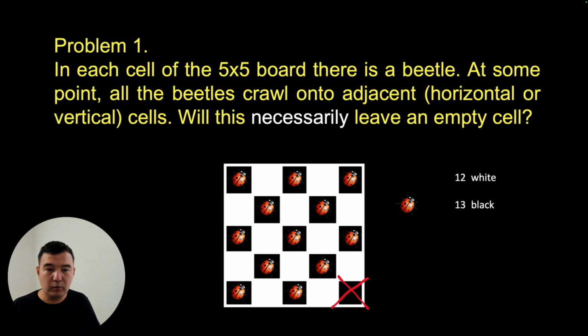It will always leave an empty cell because the number of beetles with white property and black property are not equal to each other. So the idea in these problems is when you are given some kind of data to work with, you have to identify some features of the data which is not initially given.